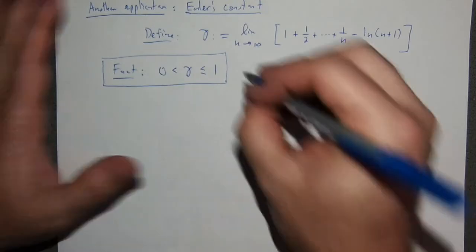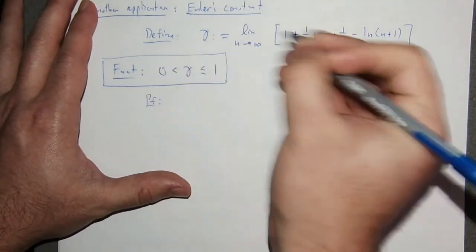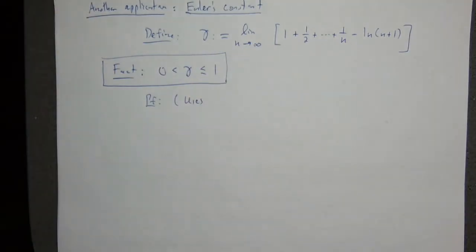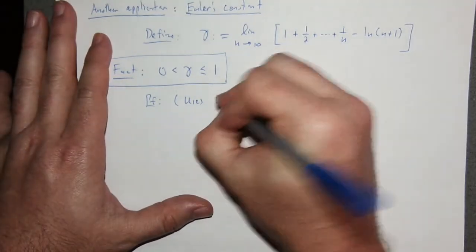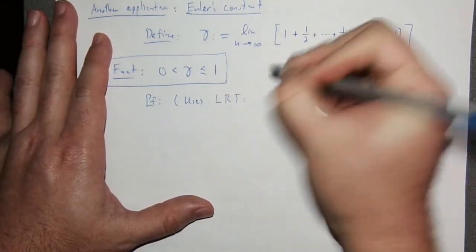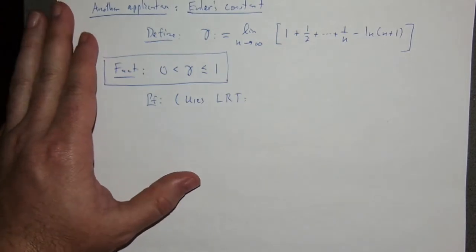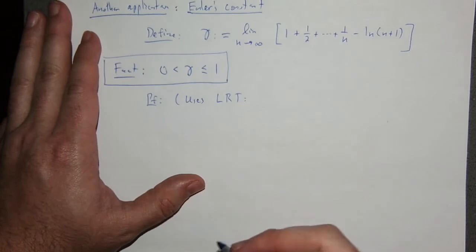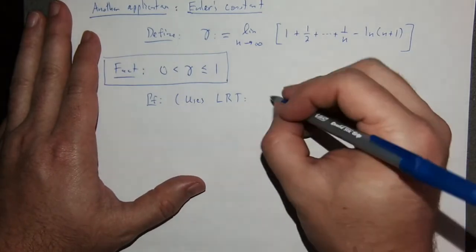All right. And so the proof, I'm not going to go through the whole thing. The main thing where it uses the Lagrange remainder theorem is the following. It uses it in a couple of ways. So the first way, I'll just write the main thing.